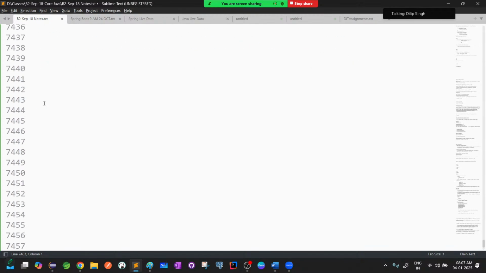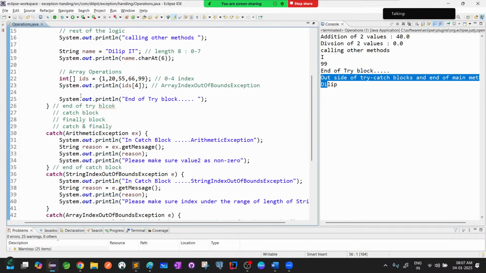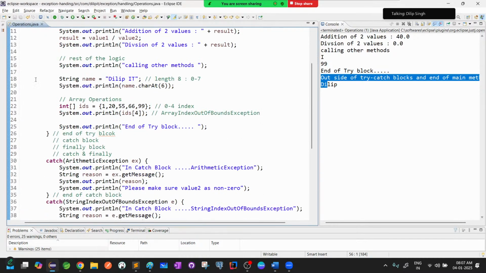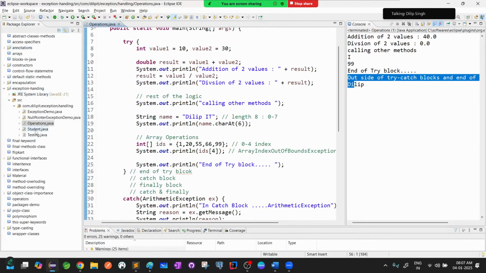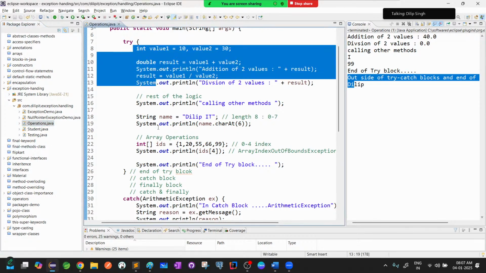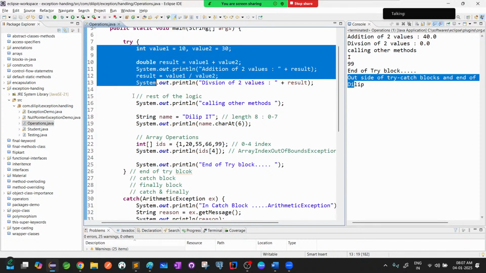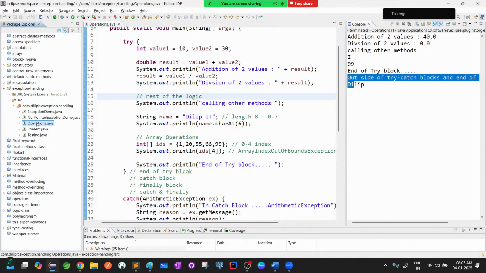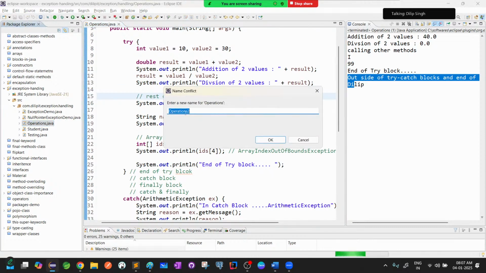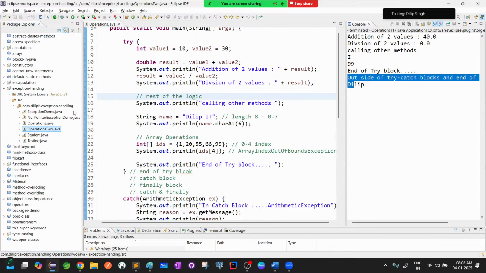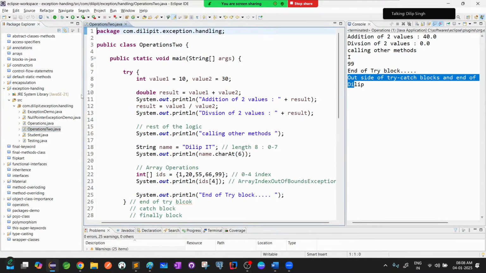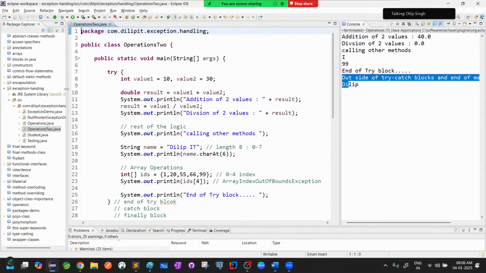Okay, now let's come back to one more point. What is my point here? I take one more class, operations 2 something like that, so that you can keep this as practice. It's just the same logic, I just copy pasted it so that I can do a few more things here.